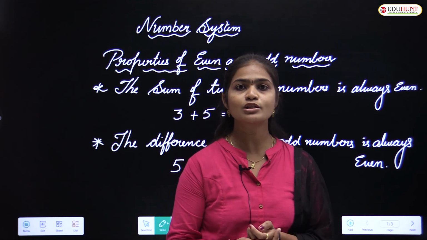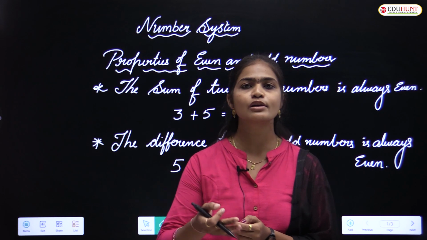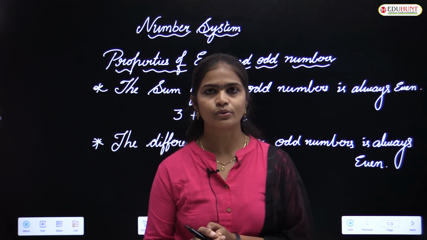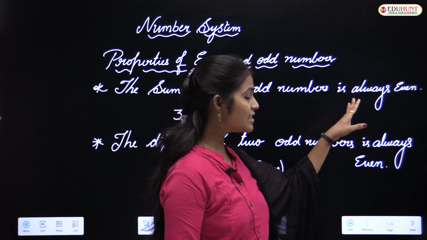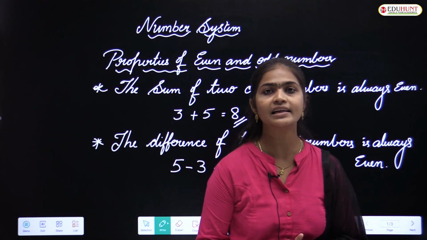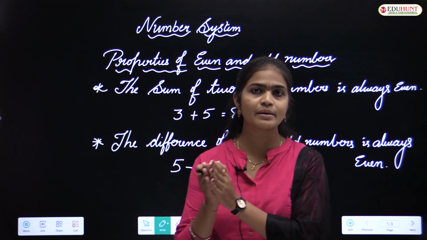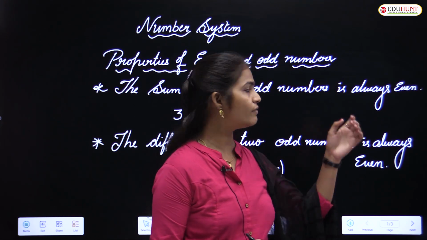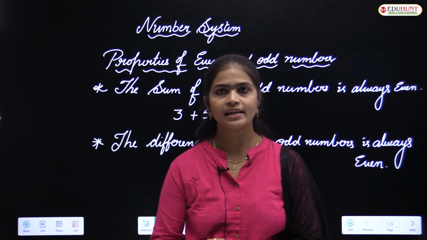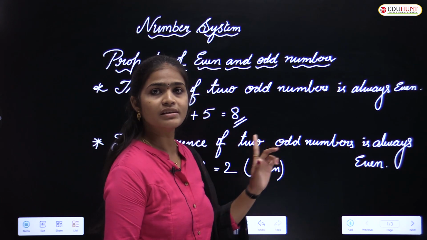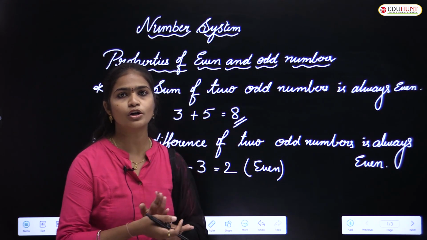If you take the difference of any two odd numbers, you will also get an even number only. So always in these 4 cases you will get even numbers only, when you take the same two even numbers or the same two odd numbers. Now we will see about one even number and one odd number.